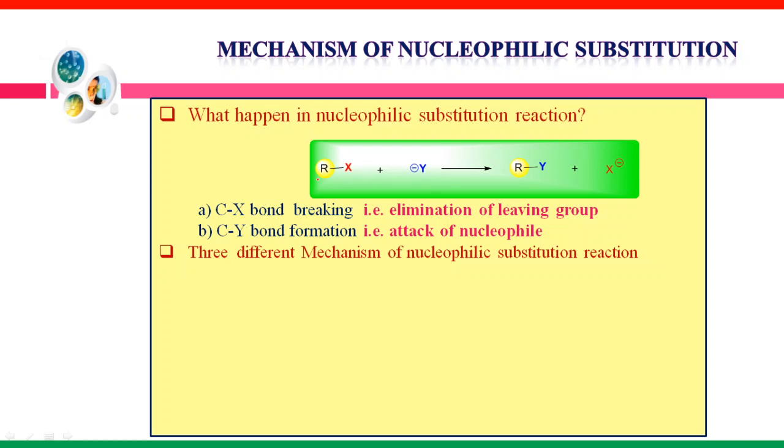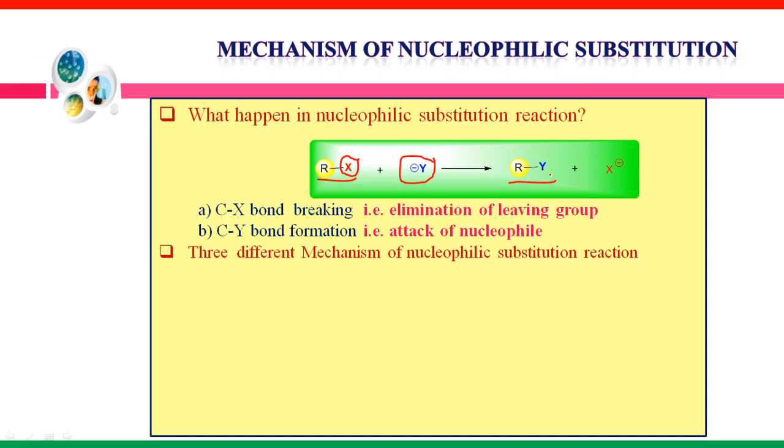Consider in this reaction, atom X, known as the leaving group in the substrate, is replaced by the negatively charged atom Y, that is the nucleophile, to give the substitution product. This is nucleophilic substitution reaction.